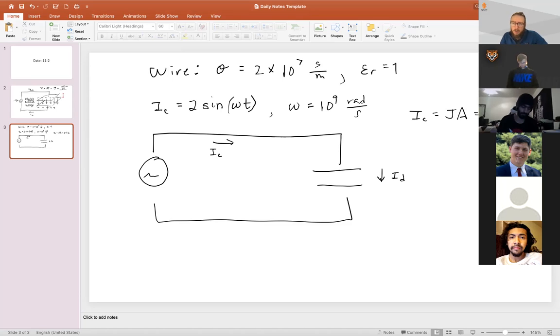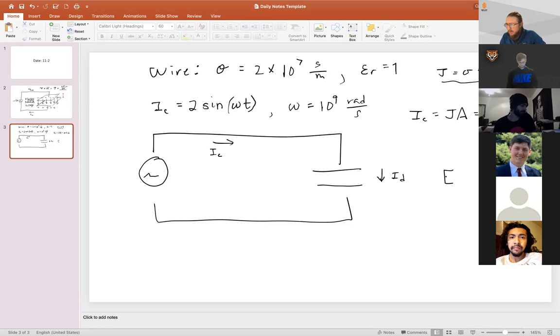And we can also rewrite this. This is kind of like Ohm's law in 3 dimensions, right, where we have the current, a conductivity, and something related to voltage.